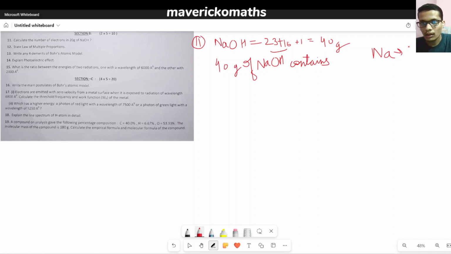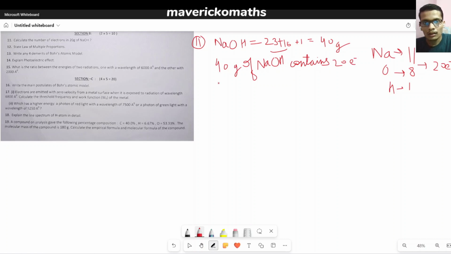We will simply count all 11 electrons, and oxygen will contain 8 electrons, and hydrogen will contain only one electron here. So which will give us 20 electrons in total. 40 grams of NaOH contains 20 electrons.